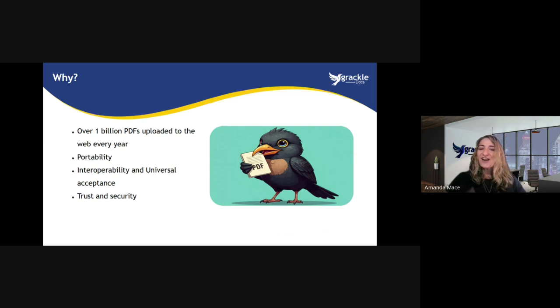But despite all of this, what's really important to acknowledge is that the usage is growing. It's hard to put an exact number on it, but approximately 1 billion PDFs are uploaded to the web every year.